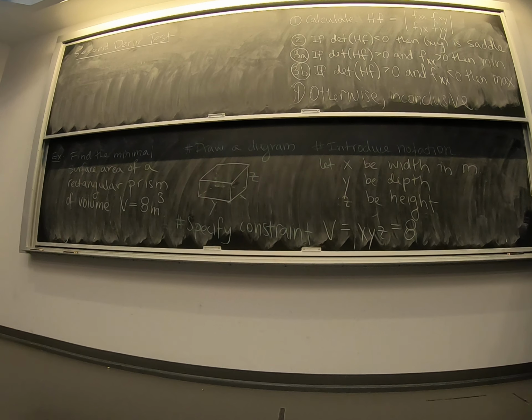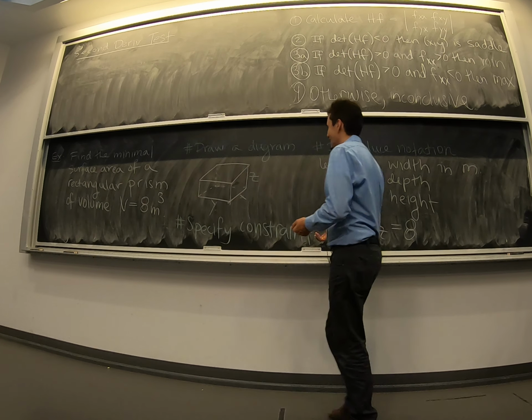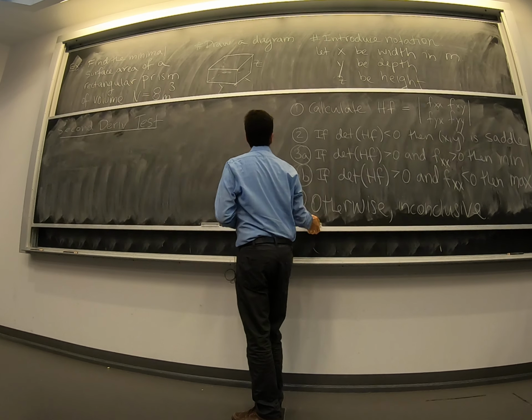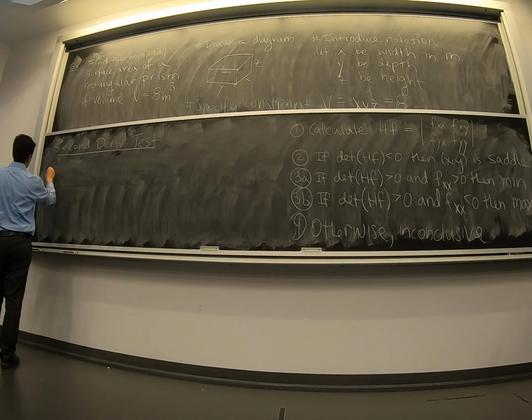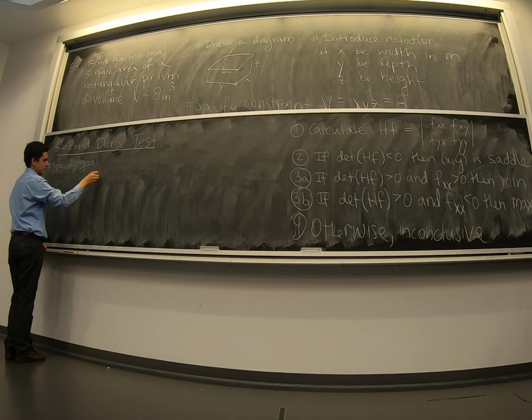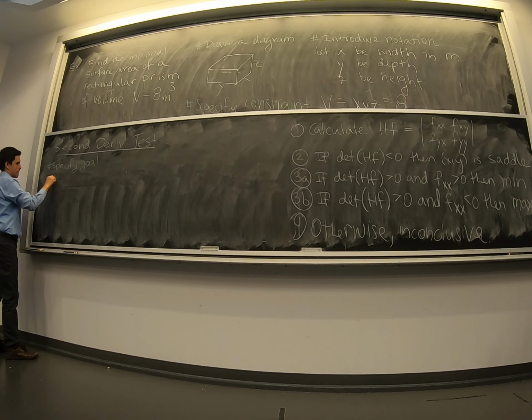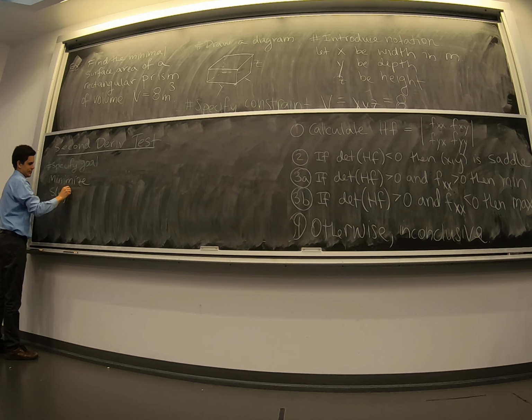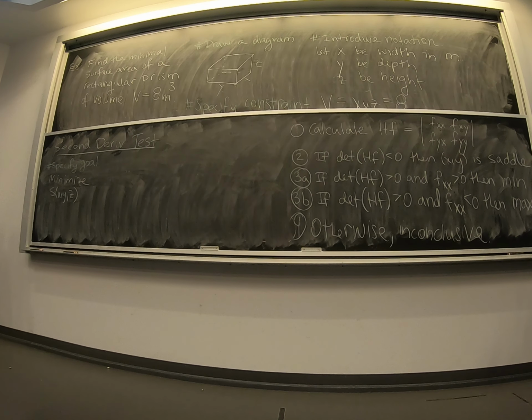Our volume should be 8. And now we should say what we're trying to optimize. So we want to minimize our surface area, so we'll call that some function S.